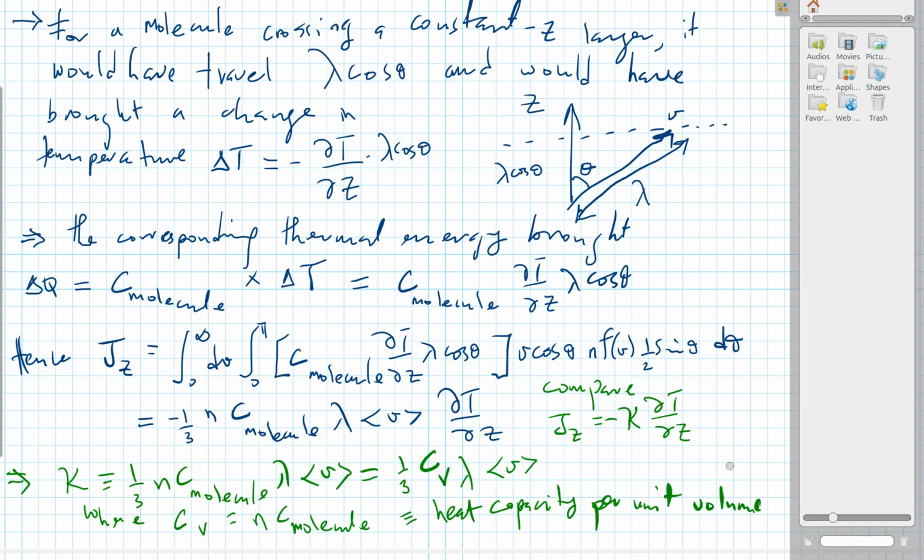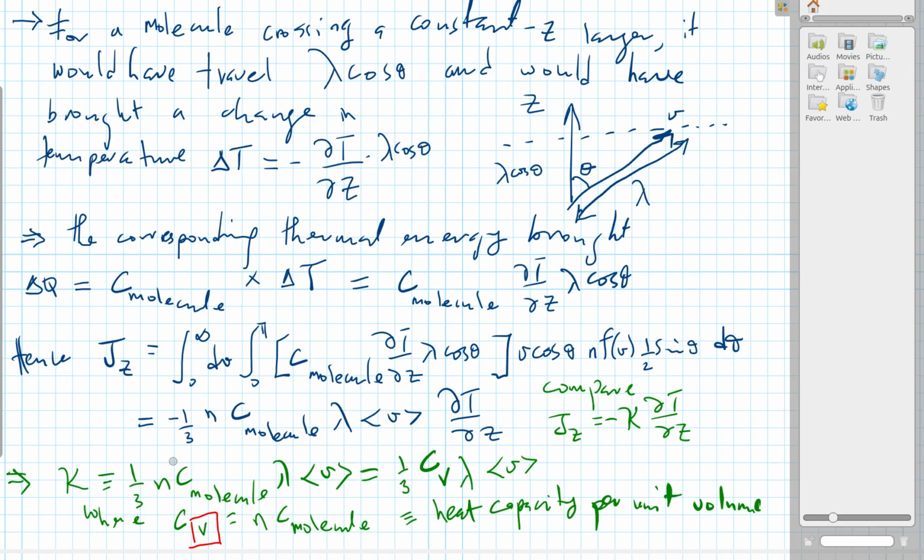Okay, and the subscript V is actually describing how energy changes with respect to temperature, while keeping the volume of the system constant, right? This is the meaning of the subscript V here for the heat capacity per unit volume. Okay.